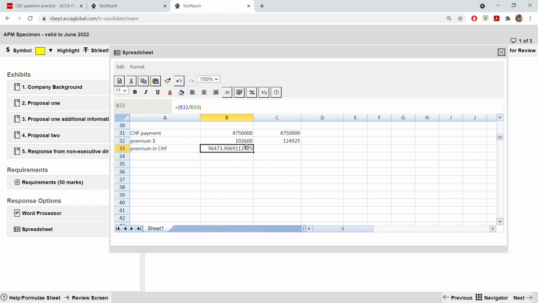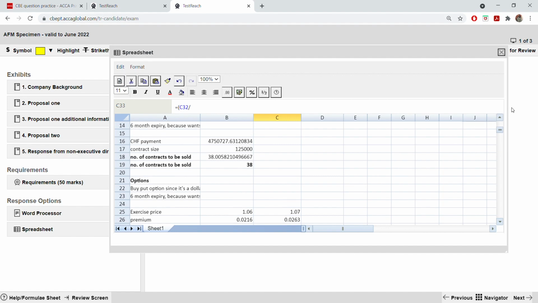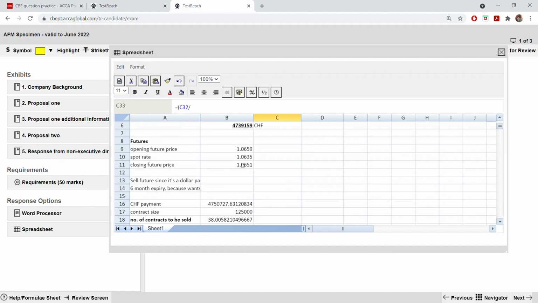So here also, this is the same way. You have to take this divide by the spot rate, which is 1.0635.